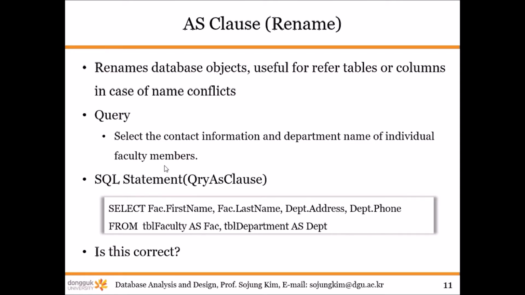That's why I ask you to use different names. But if both tables have the same name, you need to have this kind of statement, like faculty dot and department dot, in Access.